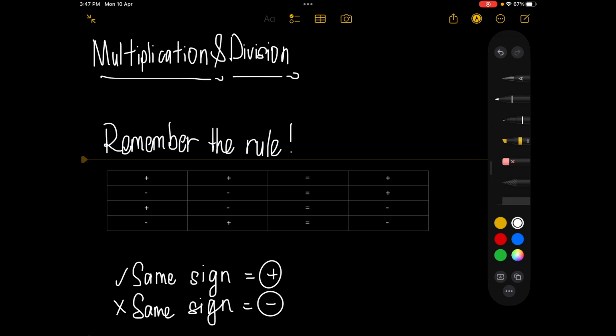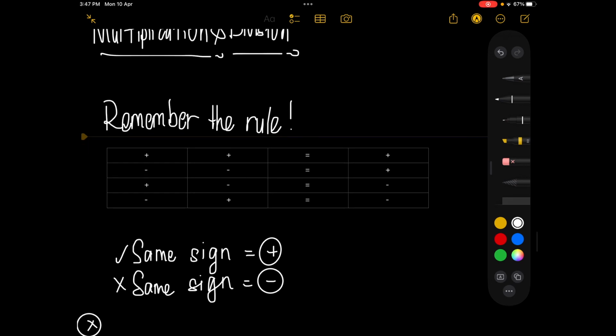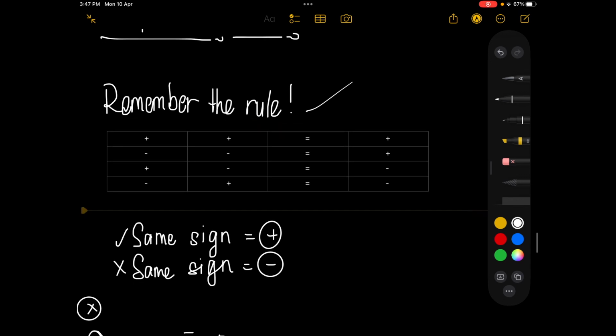All you have to know is the rule. Same signs, positive. Different signs, negative. Just know this and you are set for the multiplication and division questions.